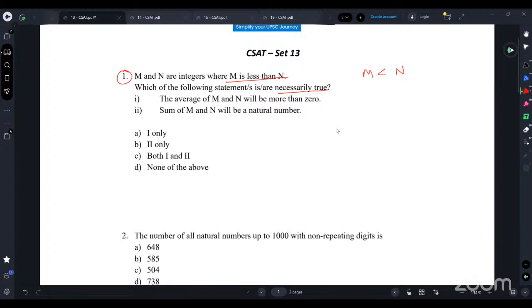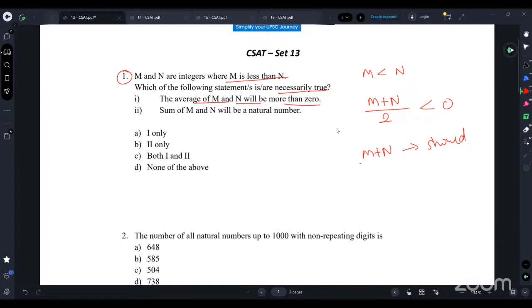The first one is the average of M and N will be less than 0. So what they are talking is (M plus N) by 2 will be less than 0. The second: the sum of M and N will be a natural number. So M plus N should be a natural number. So these are the two statements.